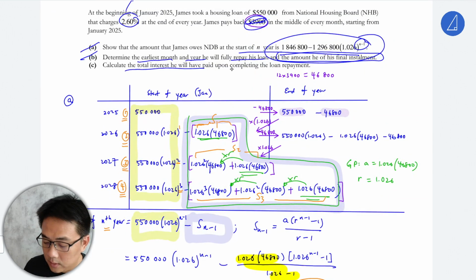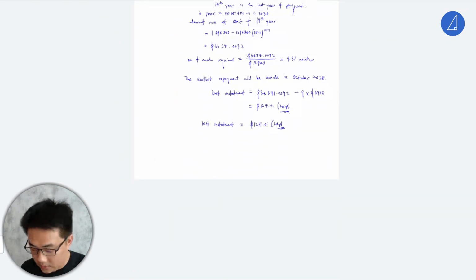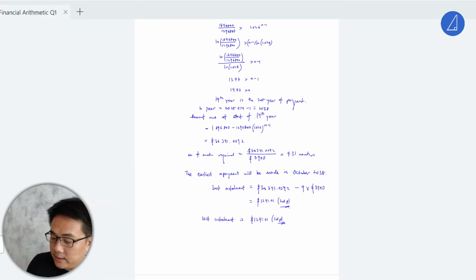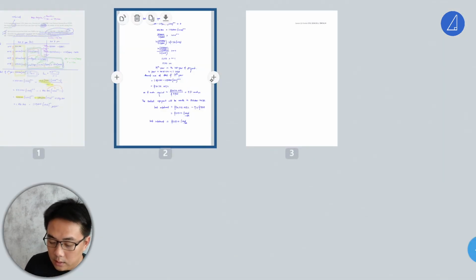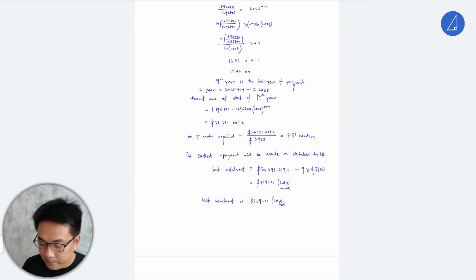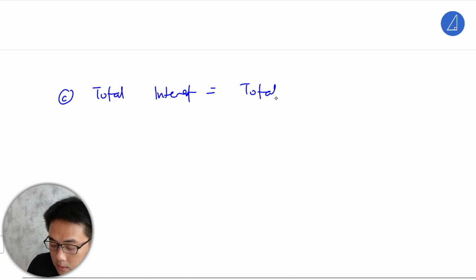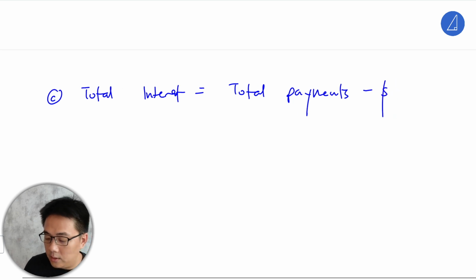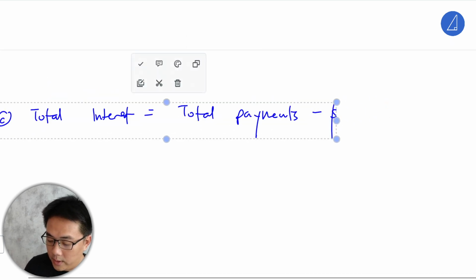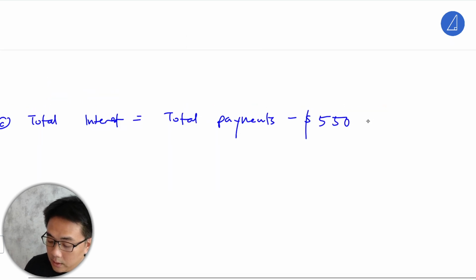Now the next thing you need to take note of is the last part: calculate the total interest you have to pay upon completing loan repayment. This is interesting because the total interest is the total payments minus the price of the house.